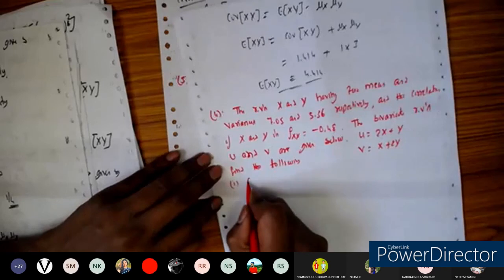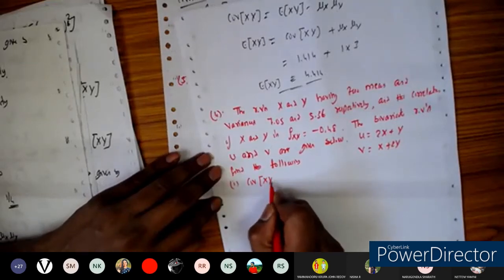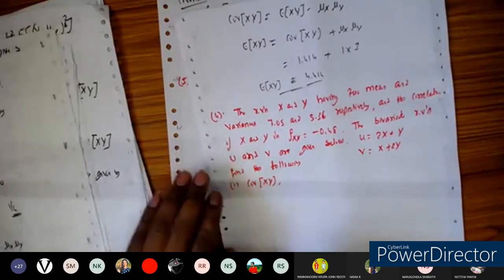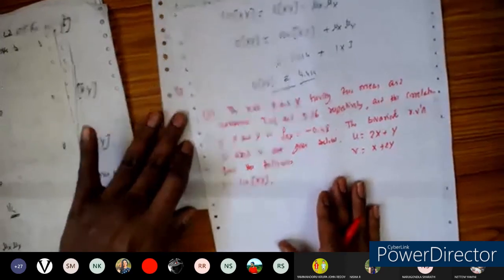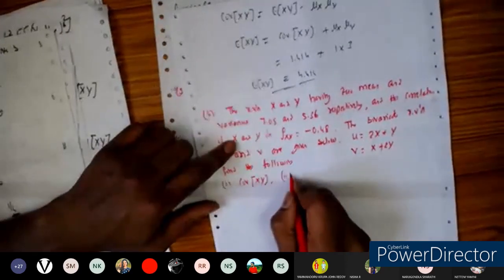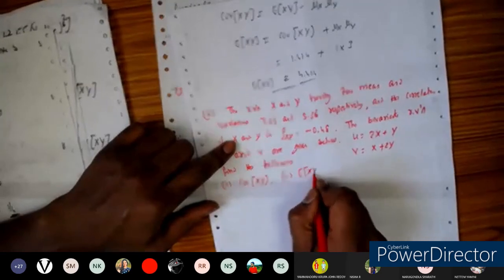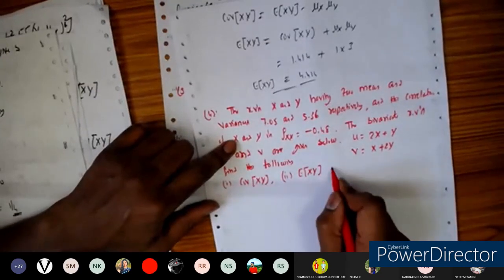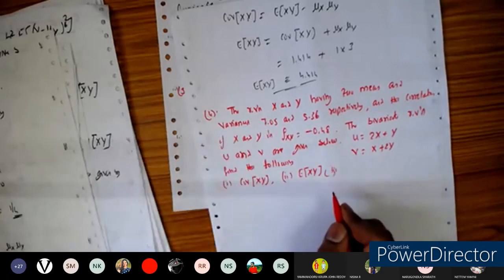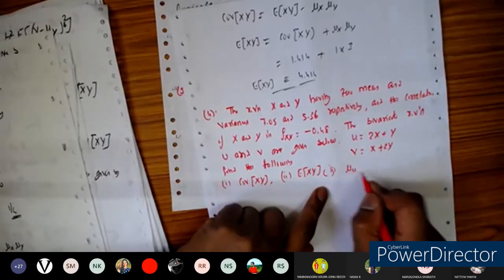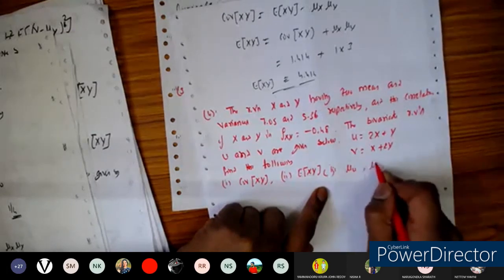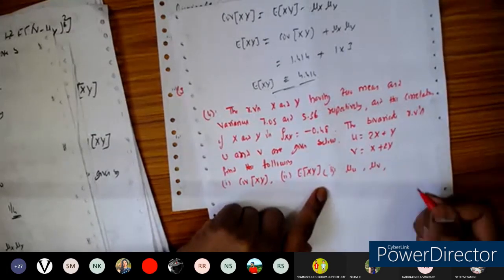First one is covariance of xy. Next one is correlation, expected value of xy. And then the mean of random variable u and the mean of random variable v.